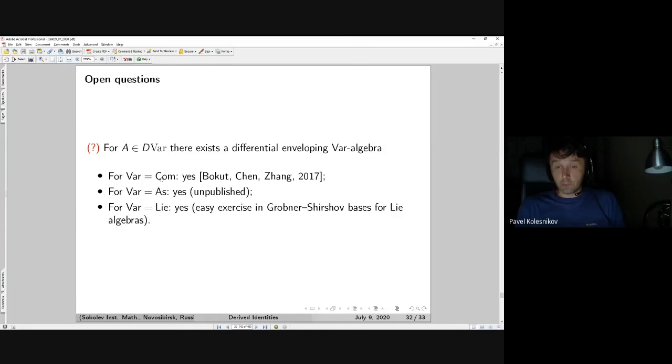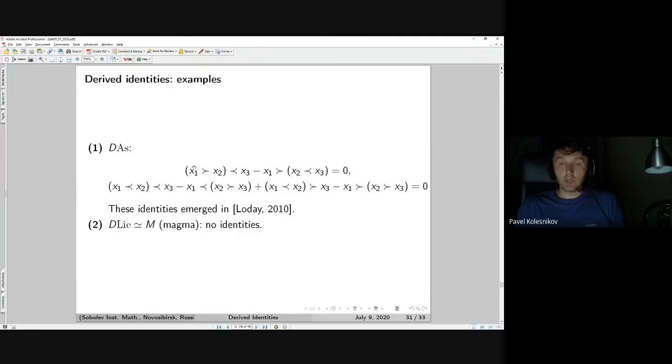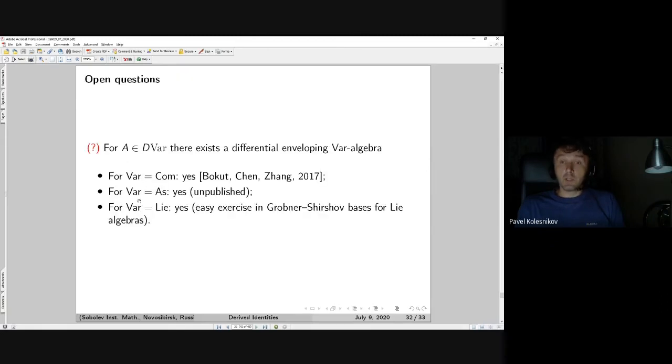For commutative algebras, the answer was given by Bokut, Chen, and Zhang. I also know that the answer is positive for associative algebras. Every algebra satisfying these two identities can be actually embedded into a differential associative algebra. For Lie algebras, the answer is also positive.